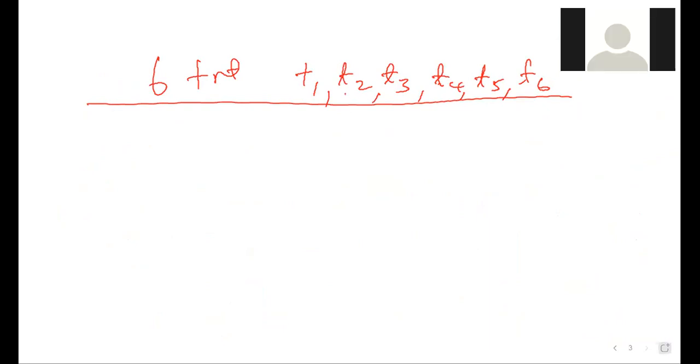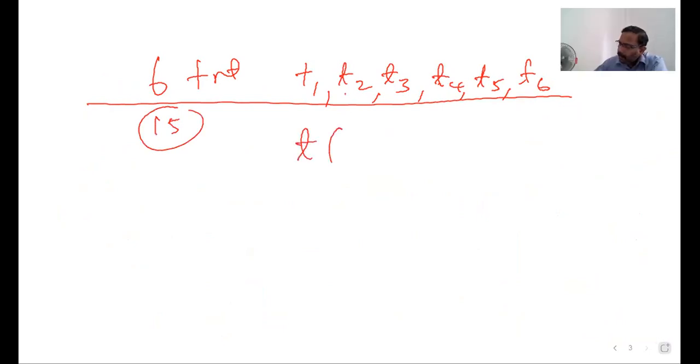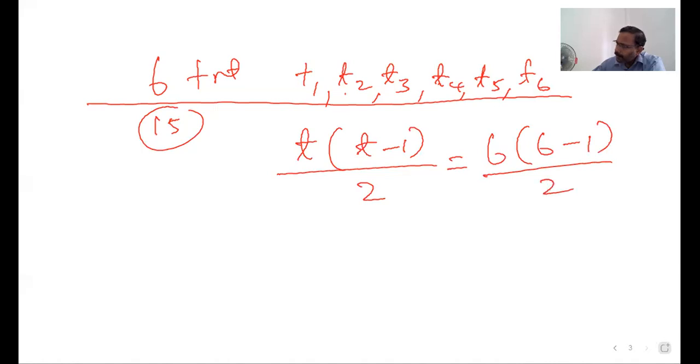Yes, 15 comparisons. So there's a formula: T into T minus 1 divided by 2. So this is equal to 6 into 6 minus 1 divided by 2, which is 15. Right? So this is the possible number of comparisons.